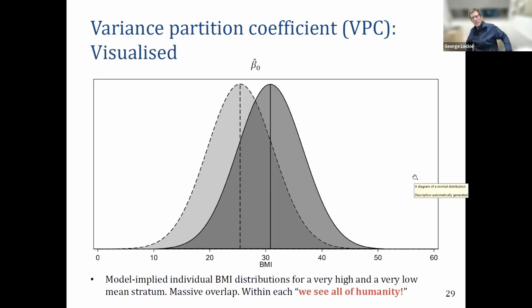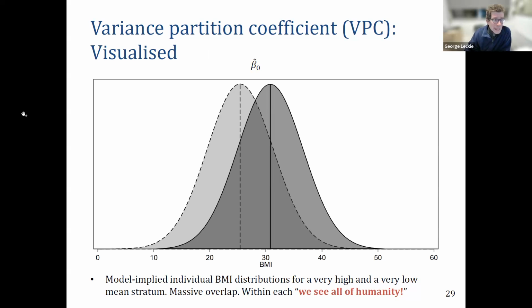I wanted to visualize the variance partition coefficient, to visualize just how small it was. So what I've done here, off the back of the model, is draw two implied distributions of BMI for two different hypothetical strata.